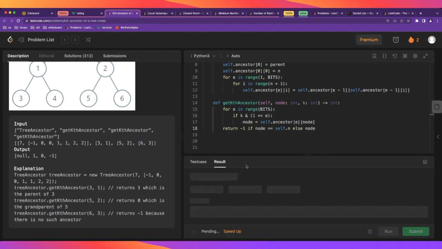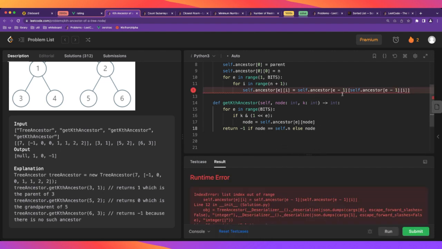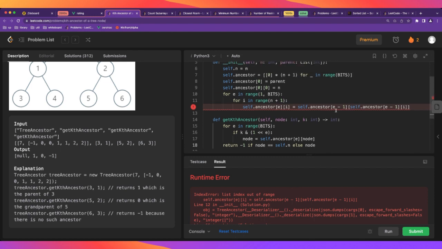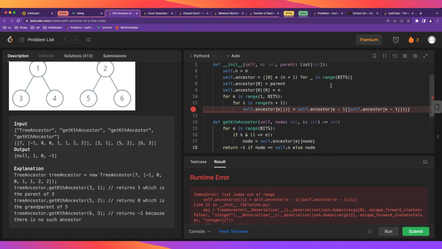Let's see if this solves it. List out of range. We increased the size of this. Oh yes, we have to make also the node. Yes, we have to. Let's say this.